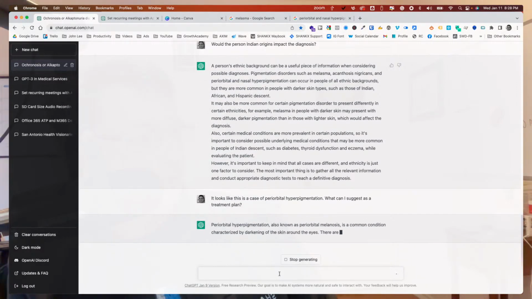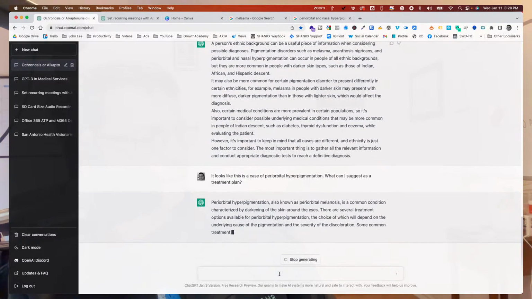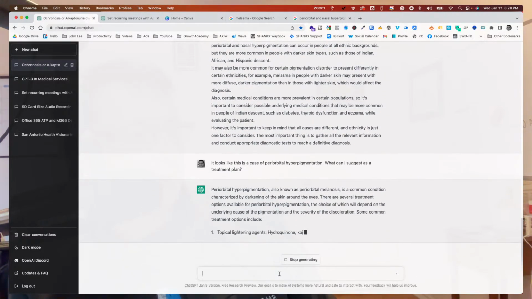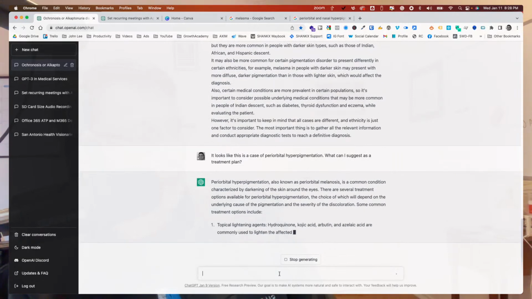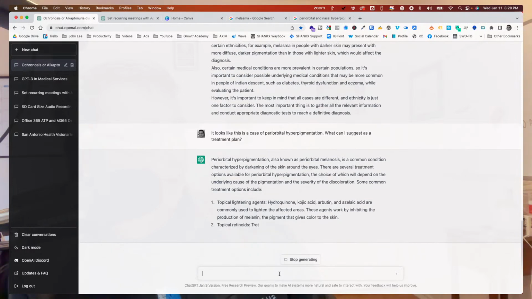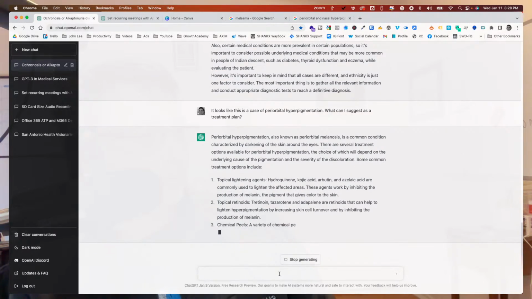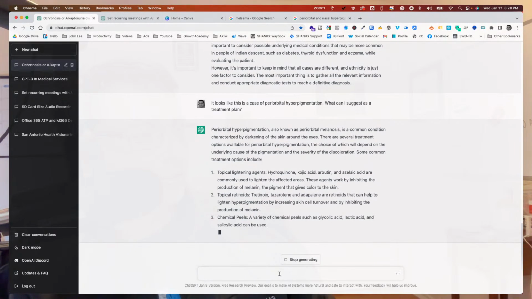Periorbital hyperpigmentation, also known as periorbital melanosis, is a common condition characterized by darkening of the skin around the eyes. There are several treatment options available, the choice of which will depend on the underlying cause of the pigmentation and the severity of the discoloration.